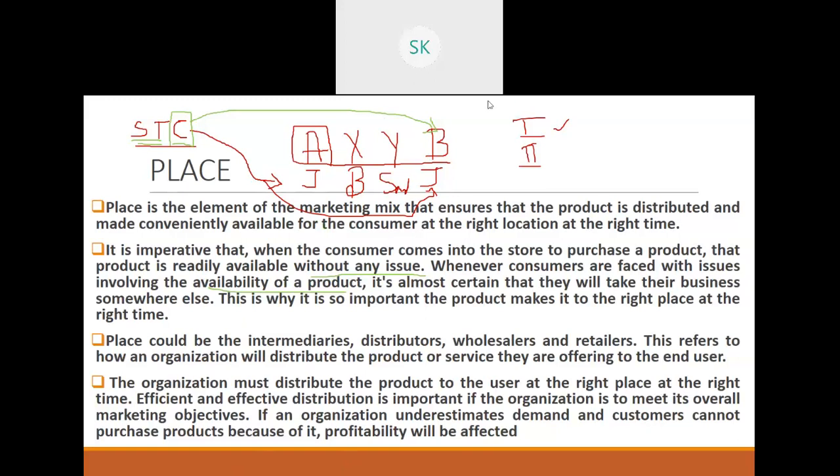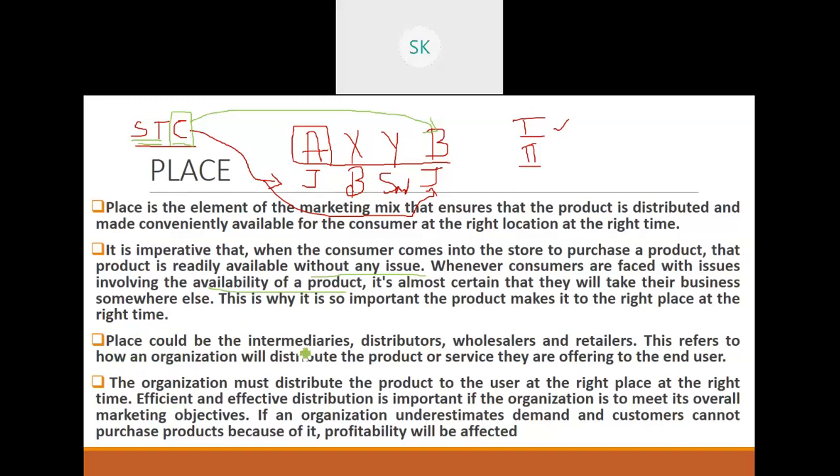So I hope everybody understood the example at least now. Still anyone who did not understand? Okay, next. Let's finish this off.